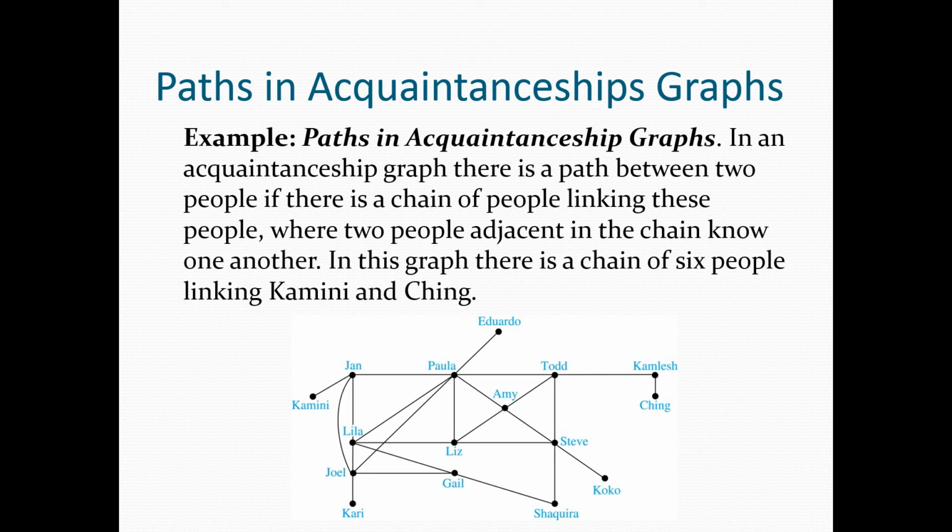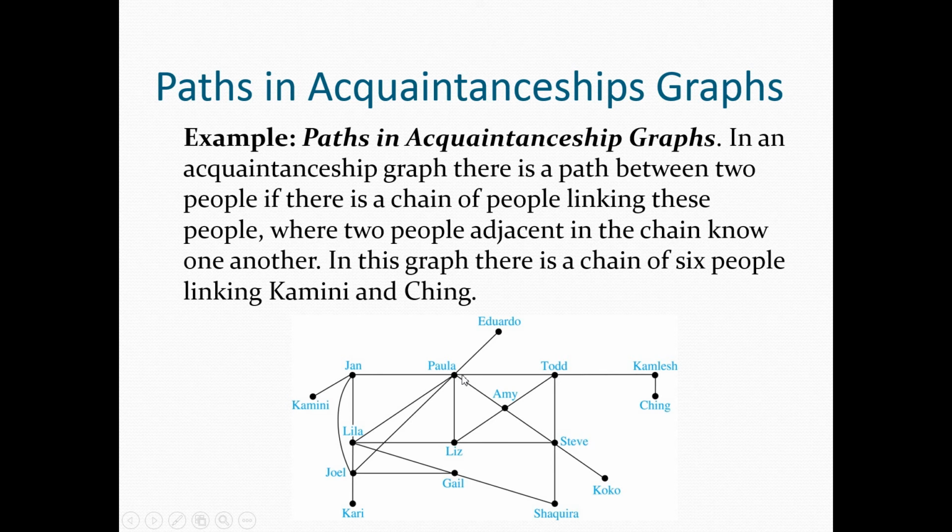So path of length greater than 1 can be formed if the people don't know each other, and we can link them by a chain of people, where two people adjacent in the chain know one another. In this graph there is a chain of 6 people linking Kamini and Ching. So you can see the chains. Let's start with Kamini to Jan, Jan to Paula.